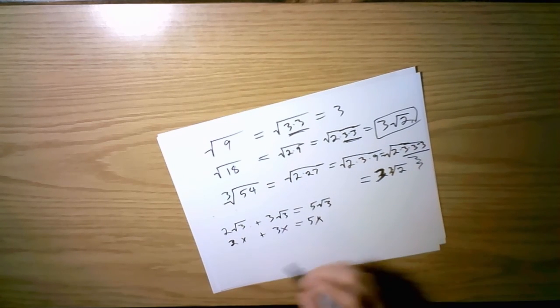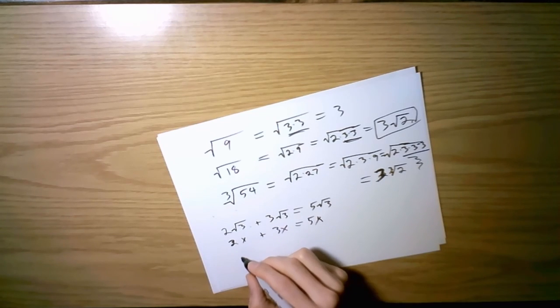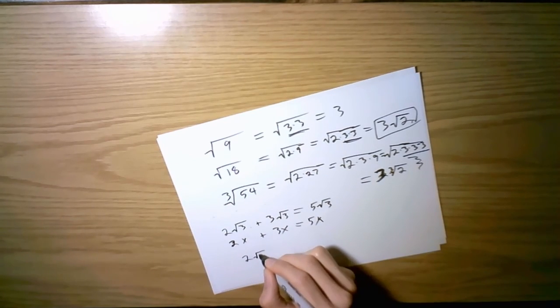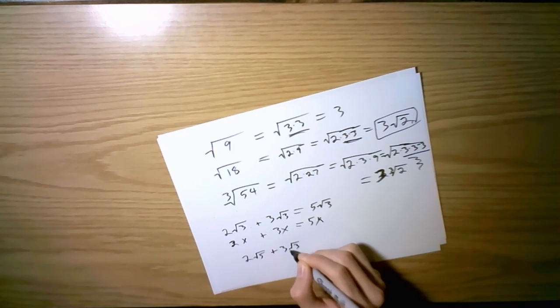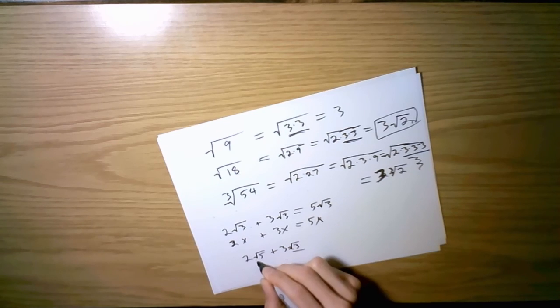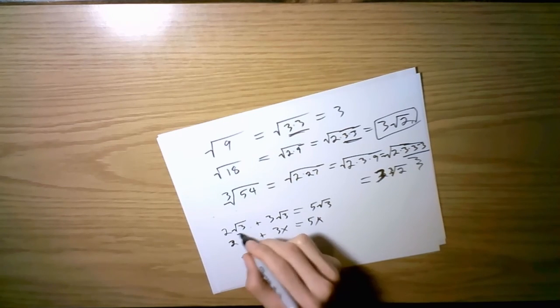It's pretty straightforward, just think of the square root as an x. And remember, you cannot do 2 square root 5 plus 3 square root 3, because these are different terms. They have to be exactly the same, like up here.